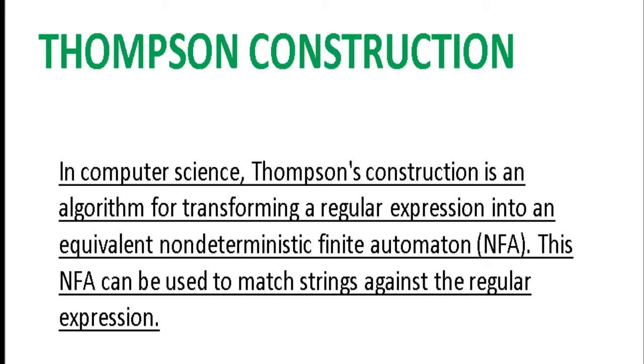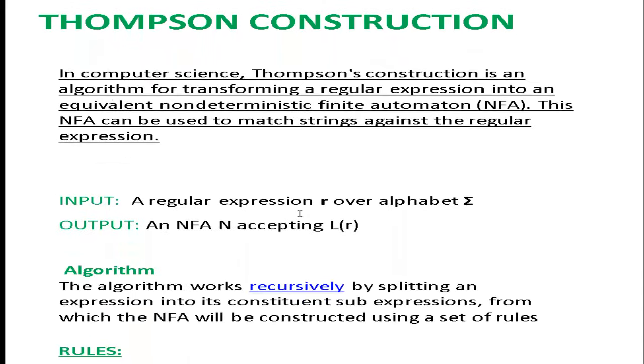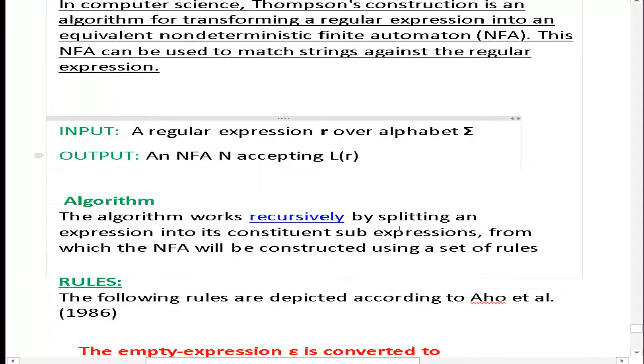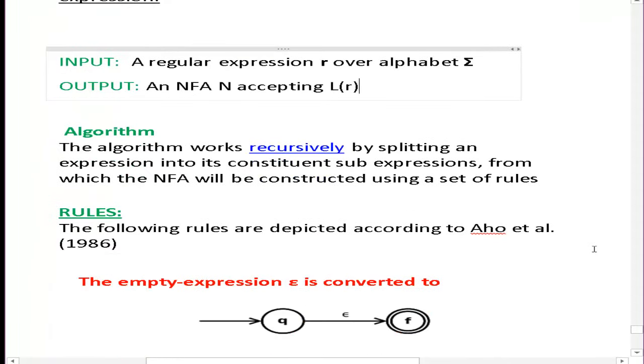Now it's time to take up Thompson's construction, which is an algorithm that transforms regular expressions into equivalent non-deterministic finite automata. In this case, your input will be a regular expression R over some alphabet, and the output is going to be an NFA N which accepts the language of that expression R. The algorithm works recursively. It splits the expression into constituents and sub-expressions, from which the NFA is constructed using a set of rules.